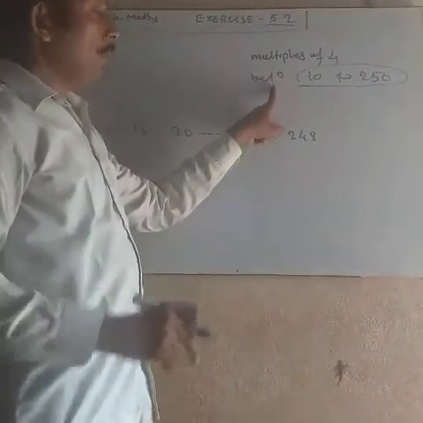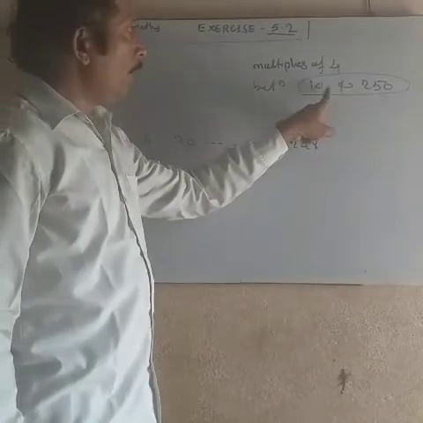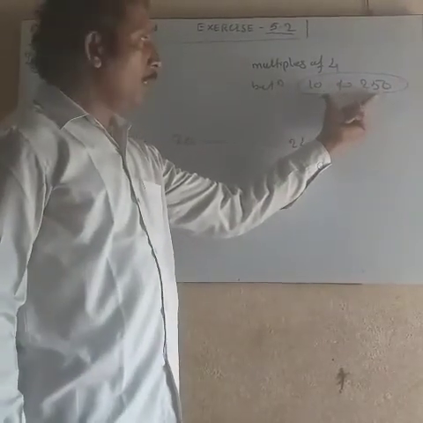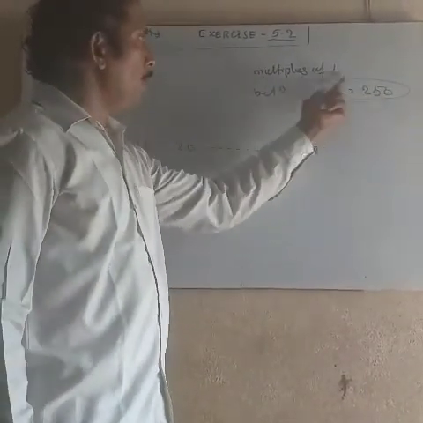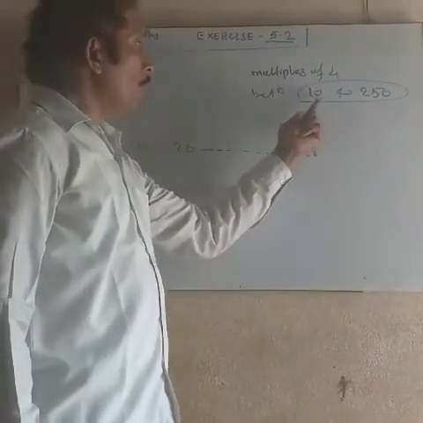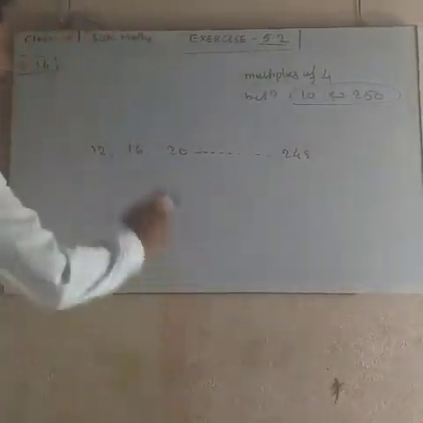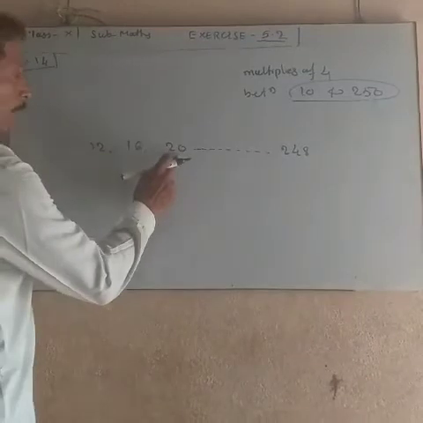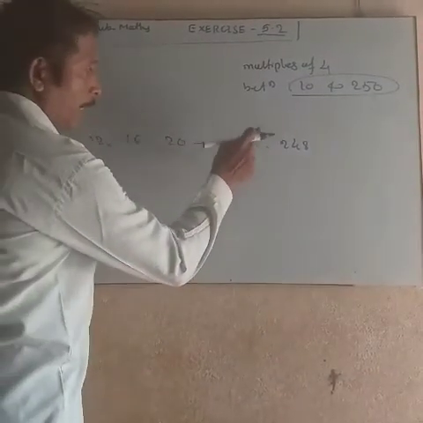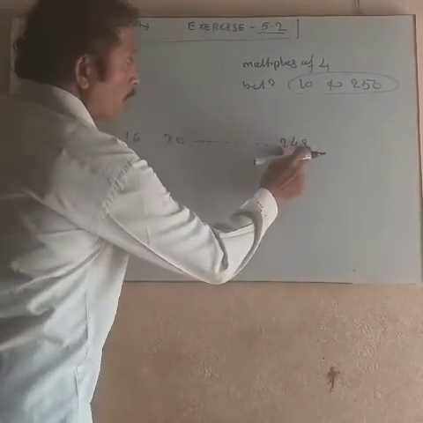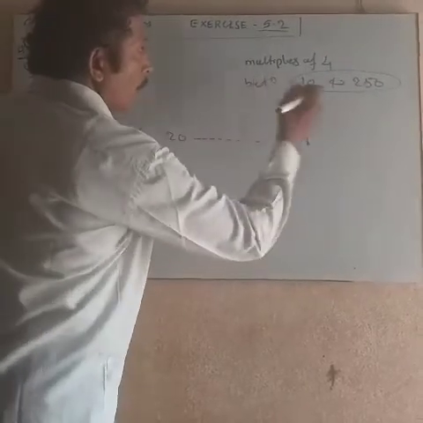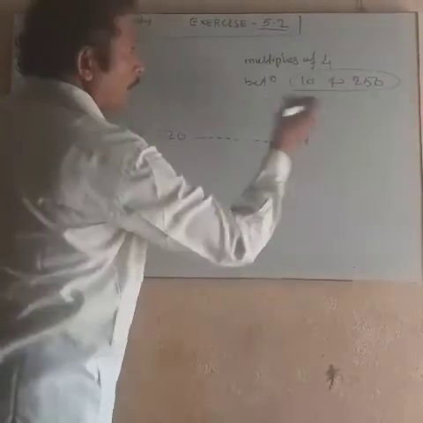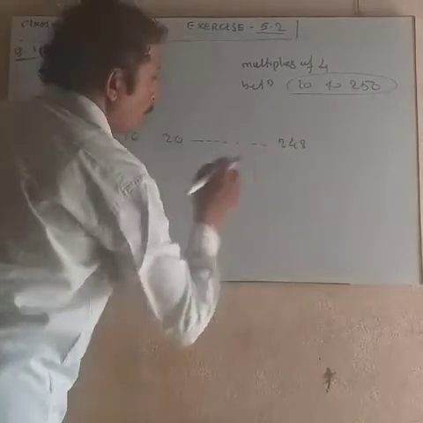The list of multiples of 4 lying between 10 to 250 is 12, 16, 20, 24, 28, 32. Like this, the last number less than 250 is 248.